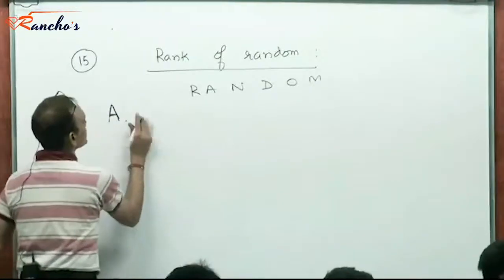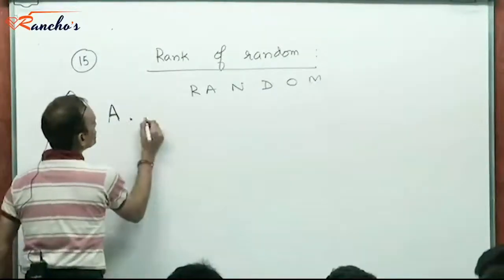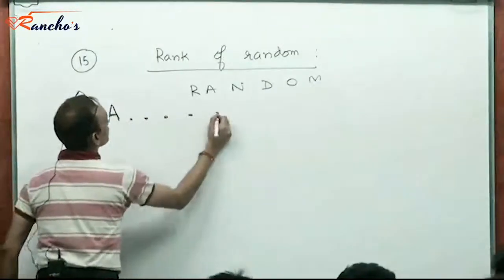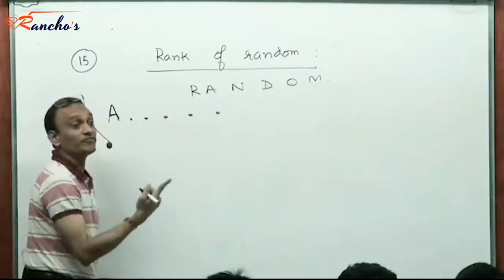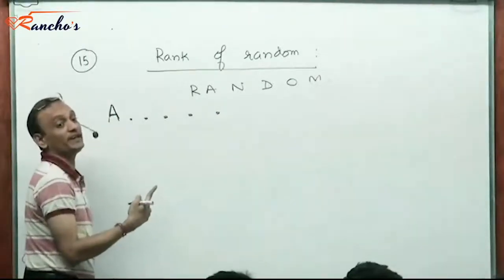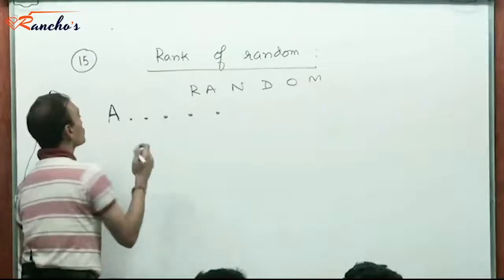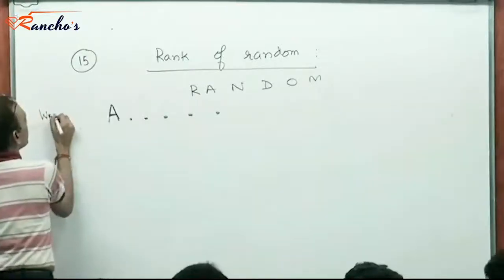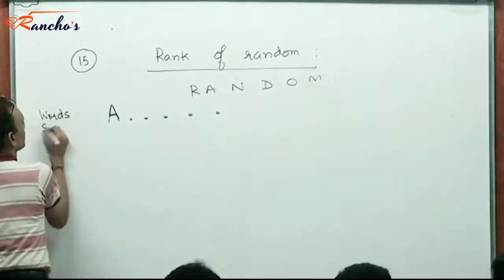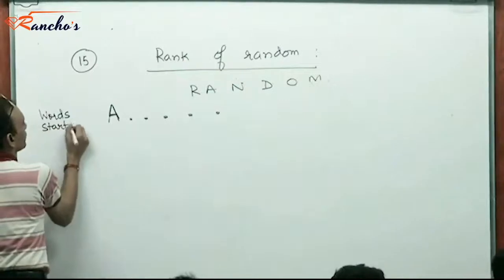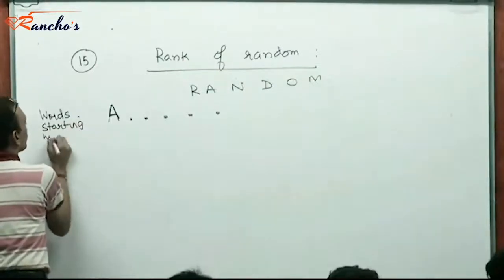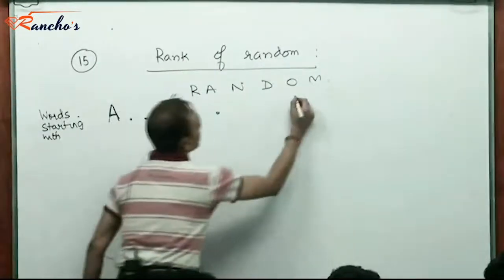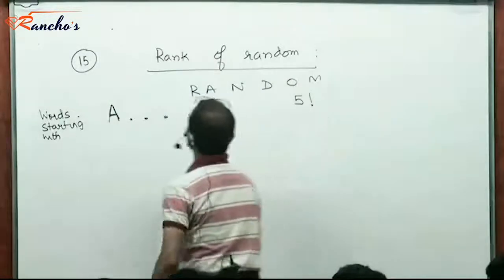If these are starting with A, then there are 5 spaces to be filled up from the remaining 5 letters. And that can be done in how many ways? 5 factorial ways. So words starting with A would be 5 factorial. Right?